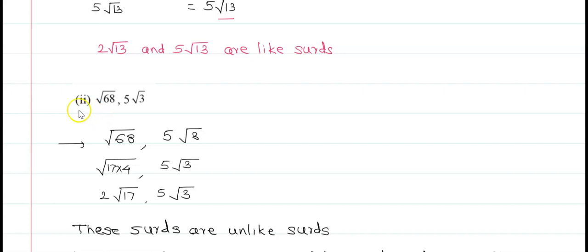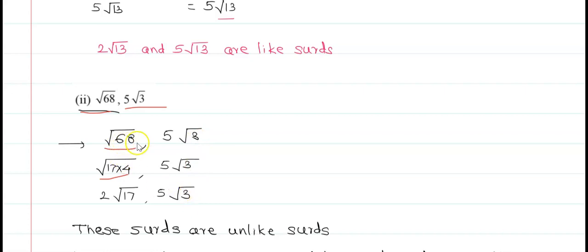Now the next is root of 68 and 5 root 3. The root of 68 can be written as 17 into 4. And here is 5 root 3. Keep it as it is because 3 is a prime number. We cannot factorize it.